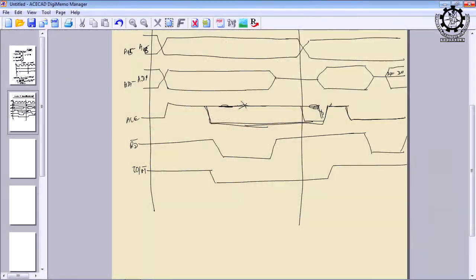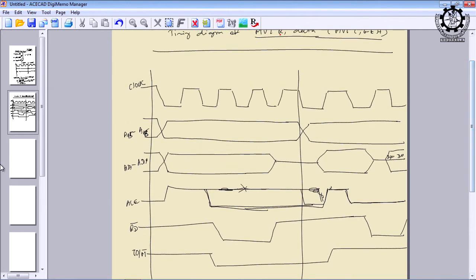Let us take a simple instruction, that is move immediate r comma data, okay. For example, in the place of r I can write any register, and in the place of data I can write any 8-bit data.